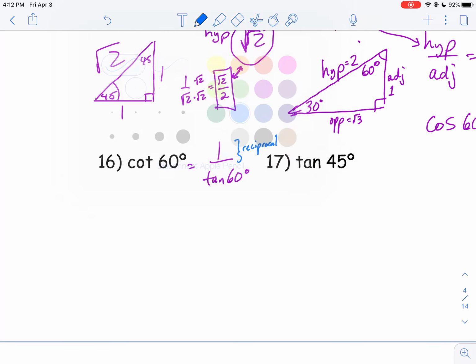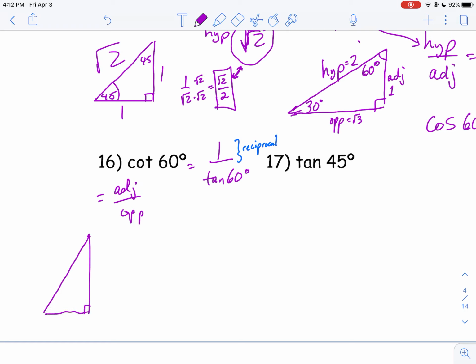Hopefully you know tangent is opposite over adjacent, so cotangent is equal to adjacent over opposite. I'm going to draw my 30, 60, 90 triangle this way. If this is 30, this is 60, 90.